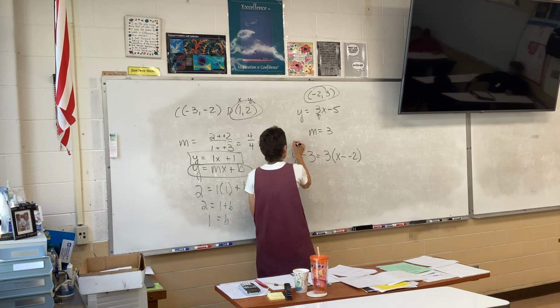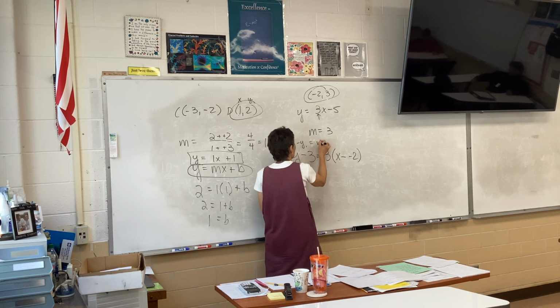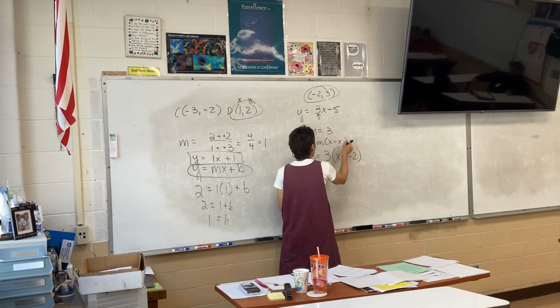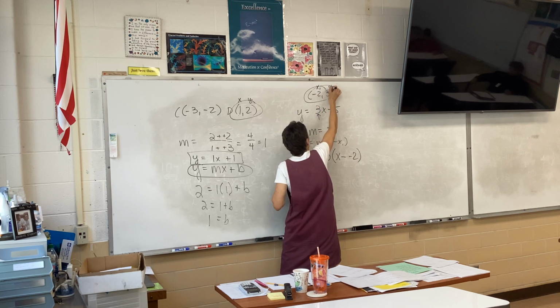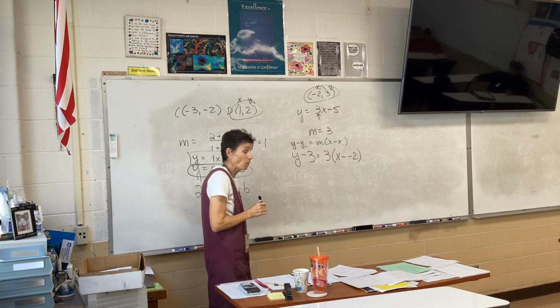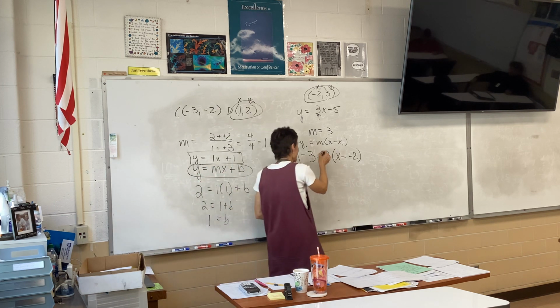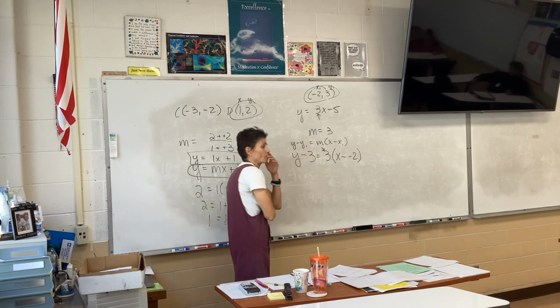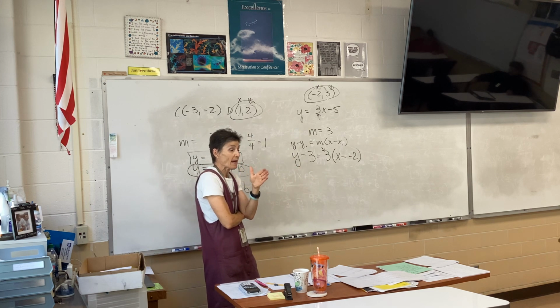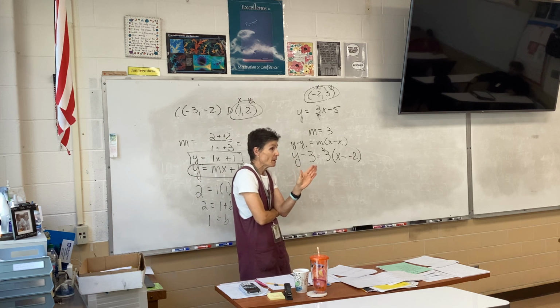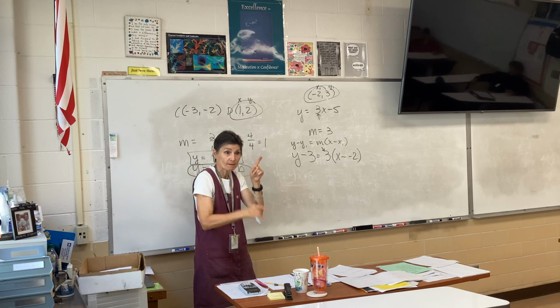So the format I used was y minus y1 equals m times x minus x1, and this is my x1, y1. That's my point. Why did I use the slope of 3? Because I already had it. It had to be parallel, right? And parallel means the slopes are the same.